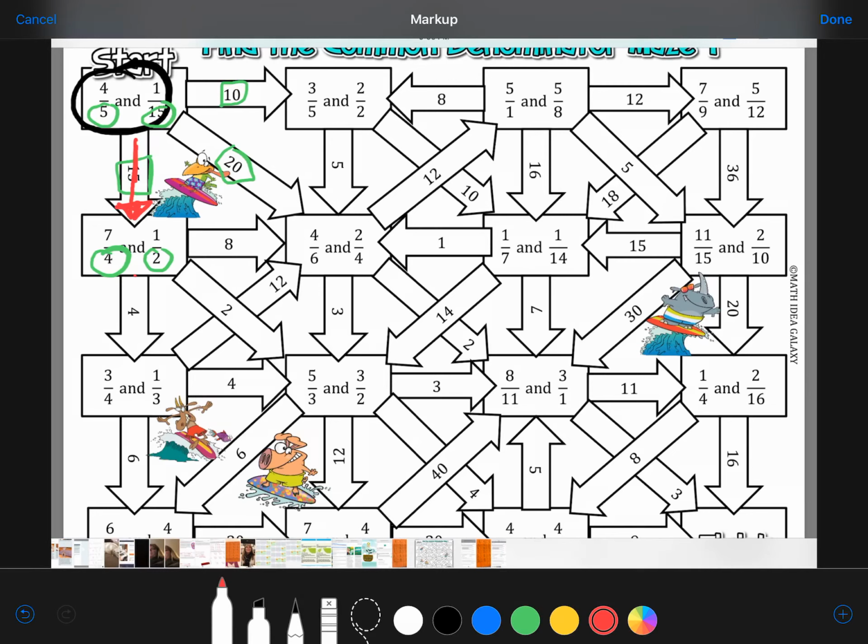So I'm going to head in this direction. Now, 8 over here also happens to be a multiple for both 2 and 4. But we're looking for the first common multiple that both of those denominators would have in common. So that's important to remember.